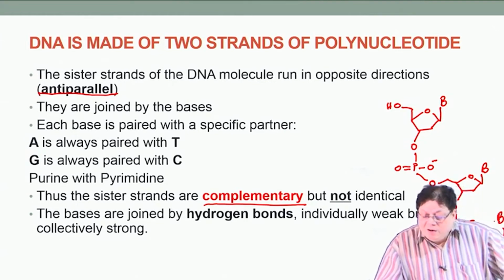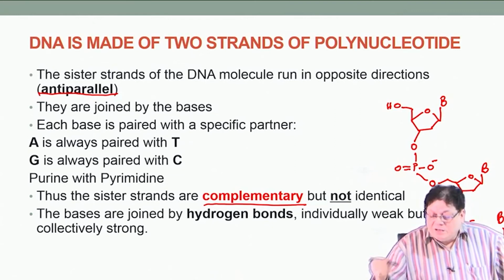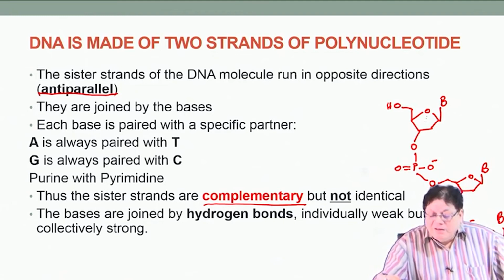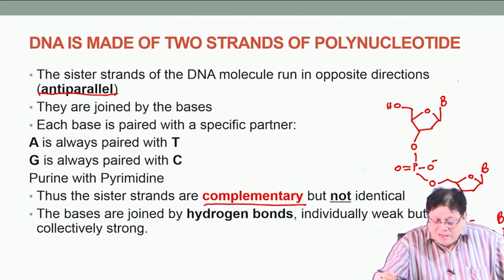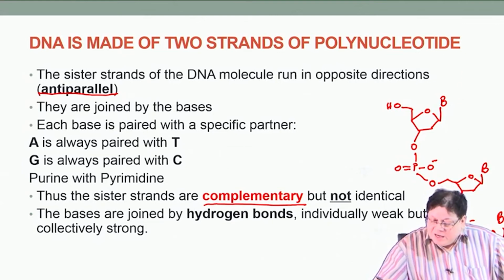Okay. Now, there are a few things to notice. One is that you are starting the DNA, because we are writing it from top to bottom, the strand is extending like this.